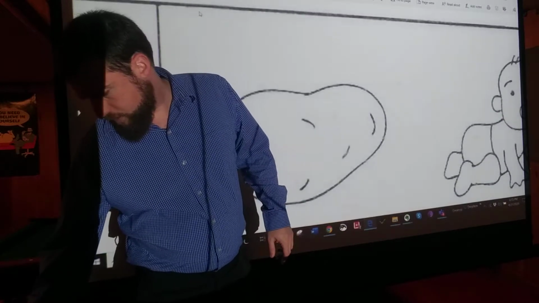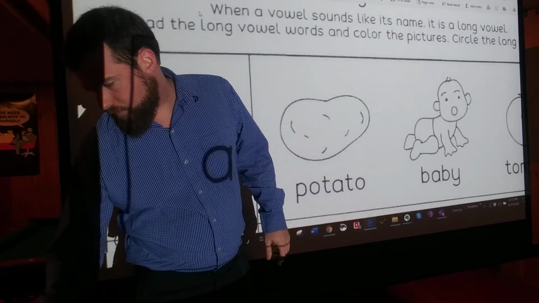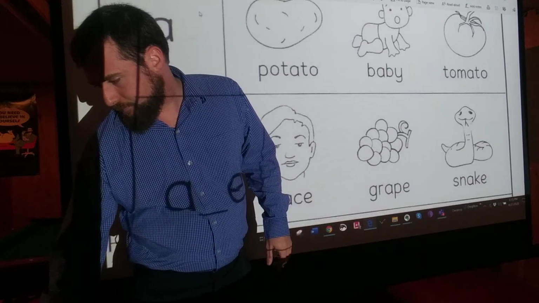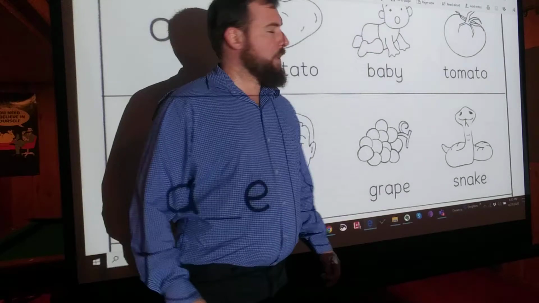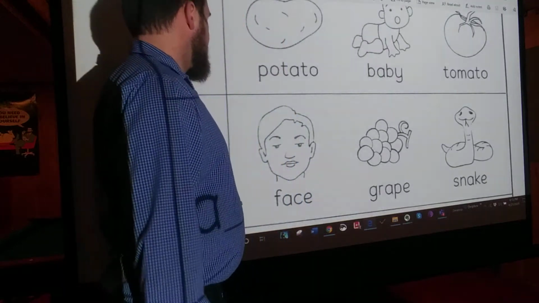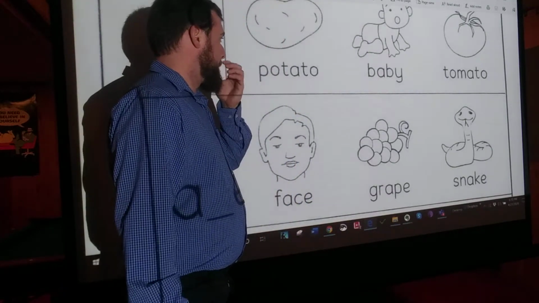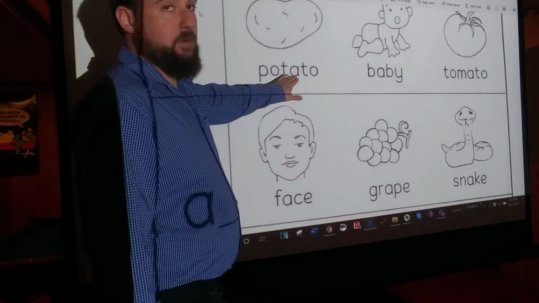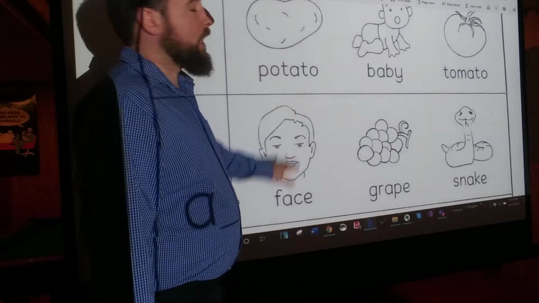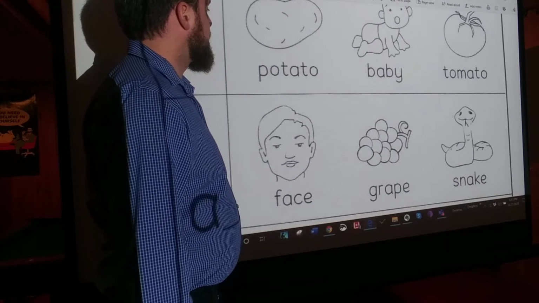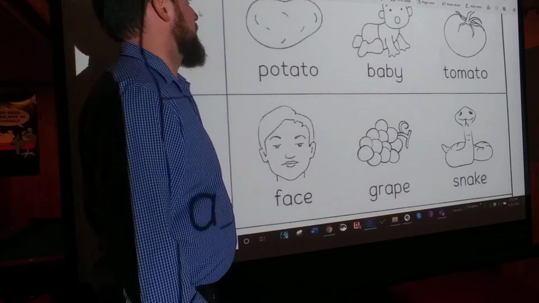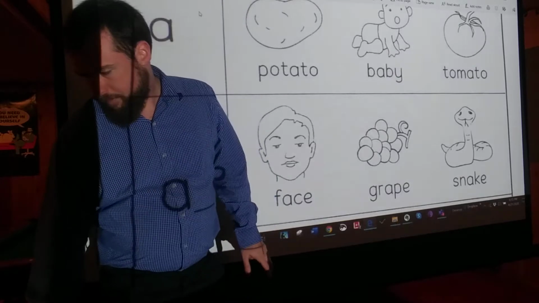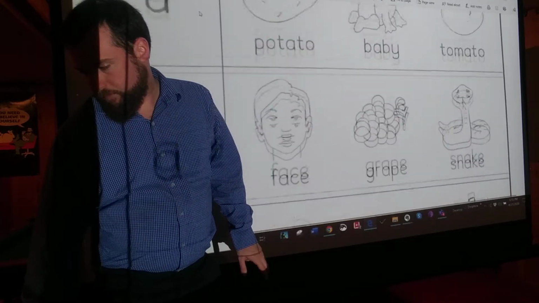So what we're going to do here is I want you to read through, we're going to read through this together. Okay? And then I want you to circle the letters that are long vowels and circle the letters that make the vowels long. Okay? So I'm going to go through it with you.